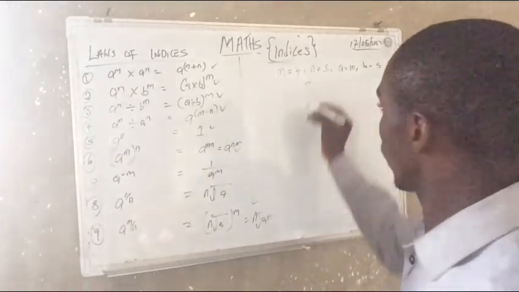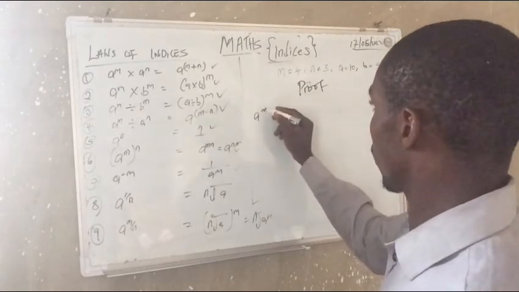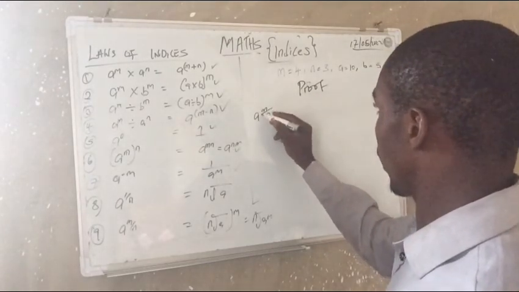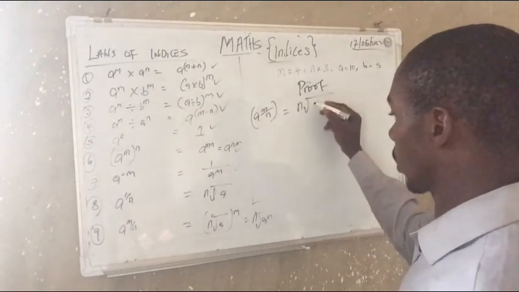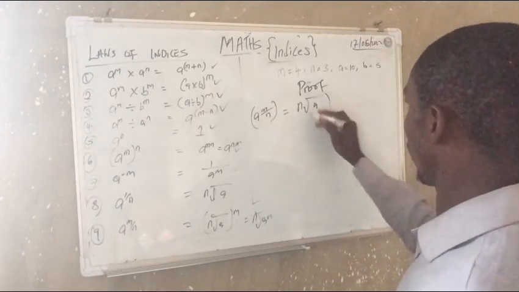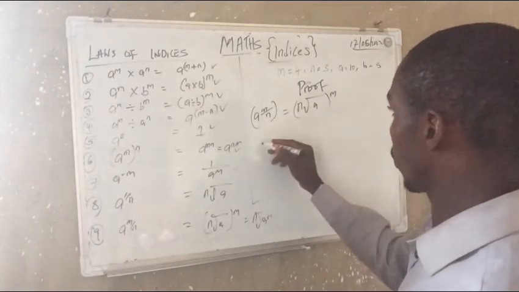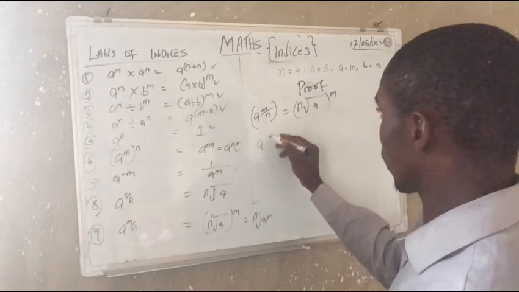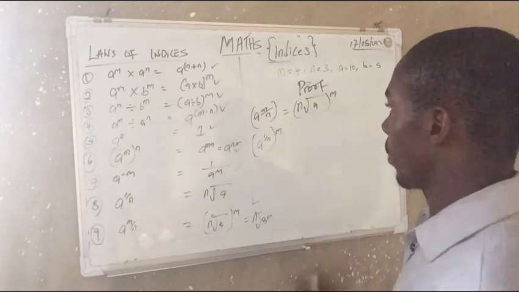So the last one is what? A raised to the power m over n is equal to the nth root of a, all raised to the power m. Now this is very simple because we can actually write it like this: a raised to the power 1 over n, all to the power m.